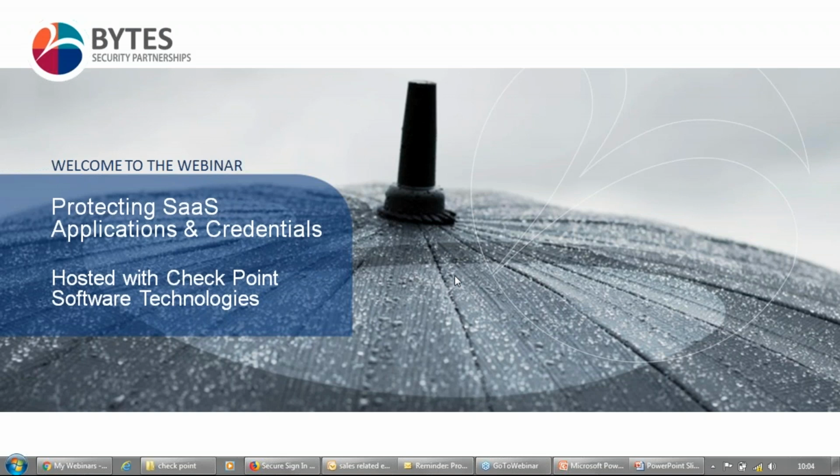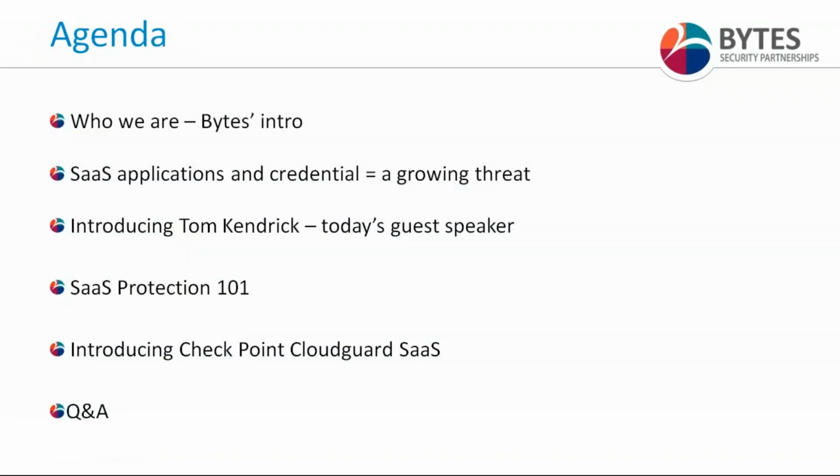So just a little bit of housekeeping before we start. I'll give a very brief intro to Bytes. I will keep it brief, as many of you know us already. I'll be talking a little bit around why SaaS applications and credentials have become a growing target for bad actors out in the marketplace. Before I introduce Tom, Tom will be taking you through almost like a SaaS Protection 101, so some of the best practices and tactics that you can take in order to protect SaaS applications and credentials.